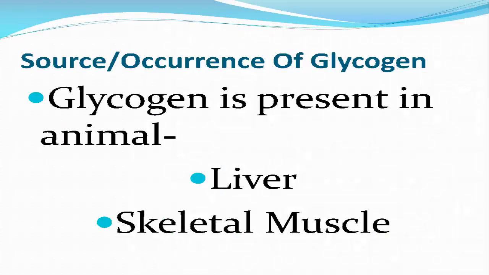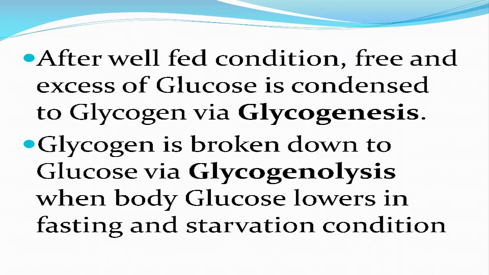Okay, so in the animal body glycogen is found mainly in two sources, liver and skeletal muscle. These are the two areas where glycogen is formed and stored. When we are in the well-fed condition, when we have taken a large carbohydrate meal, the excess glucose will be stored as glycogen, and that process is known as glycogenesis.